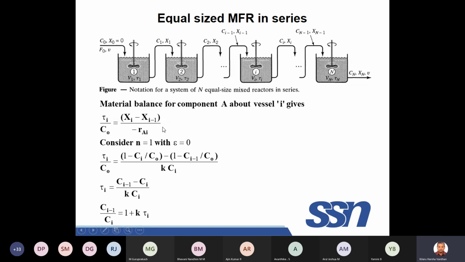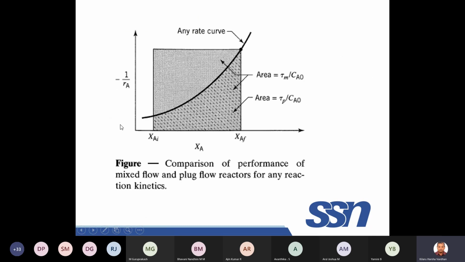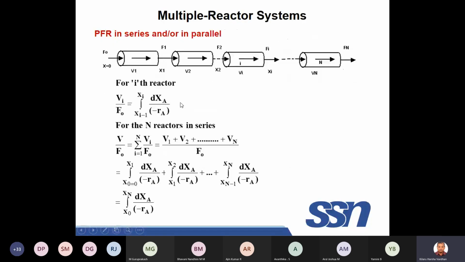If you don't know this performance equation, then you have to write the material balance around it and try to get this equation. We already derived how to get the performance equation. Even for this reactor, if you don't know this, you have to write the material balance for the ith reactor: what is input, what is output, what is accumulation, and what is reaction, and then put input equals output plus reaction, and then you will get this, right?